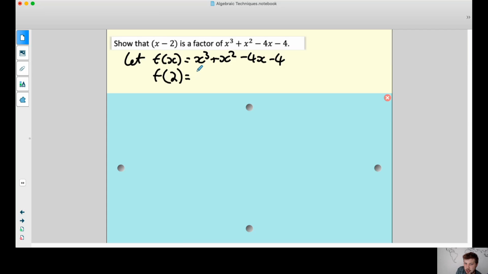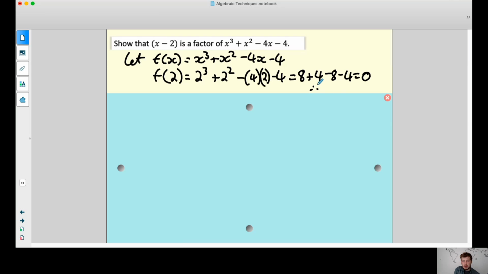So working this out, 2 cubed plus 2 squared minus 4 lots of 2 minus 4, well, 8 plus 4 minus 8 minus 4 equals 0.